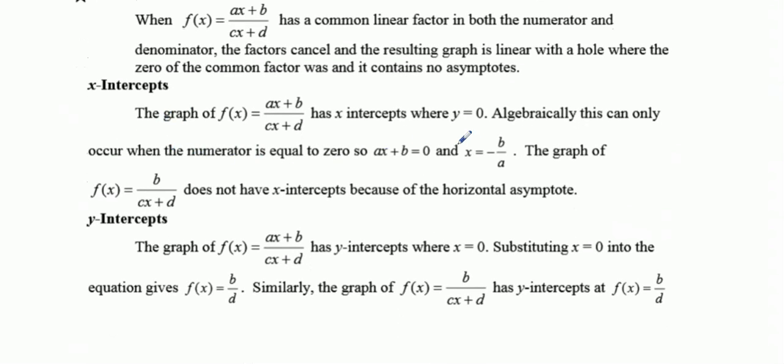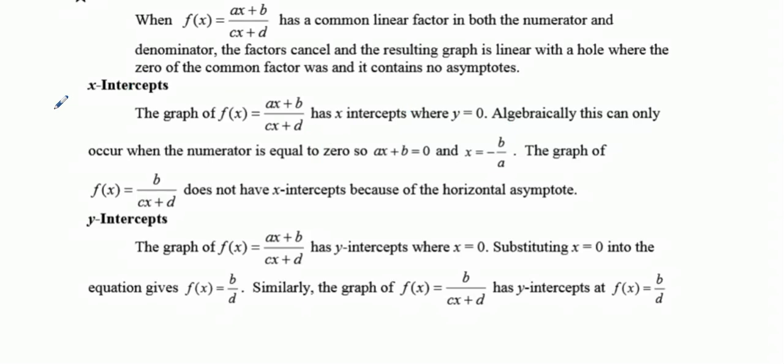The graph of ax plus b over cx plus d has an x-intercept where y equals 0, of course. Algebraically, this is going to equal minus b over a. Why? Because y can only become 0 if 0 is in the numerator, because if 0 is in the denominator, that's a vertical asymptote.